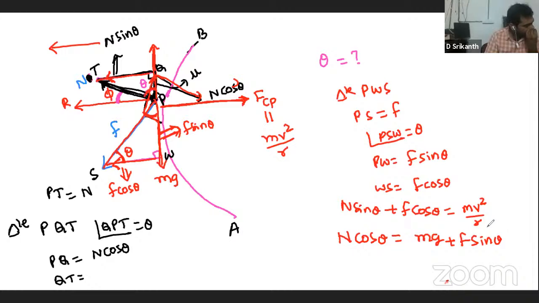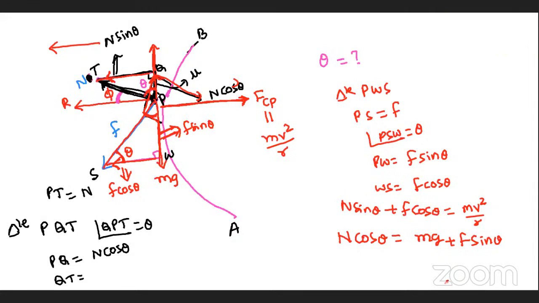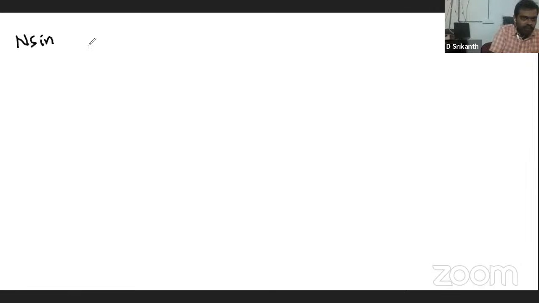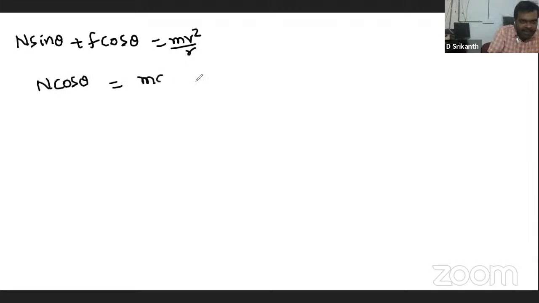Look, in the vertical direction as well as the horizontal direction, I will write the equations as N sin theta plus F cos theta is equal to mv square by r. Next, N cos theta is equal to mg plus F sin theta. Those are the equations you can see.